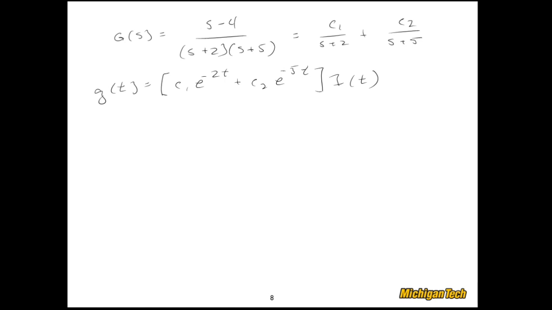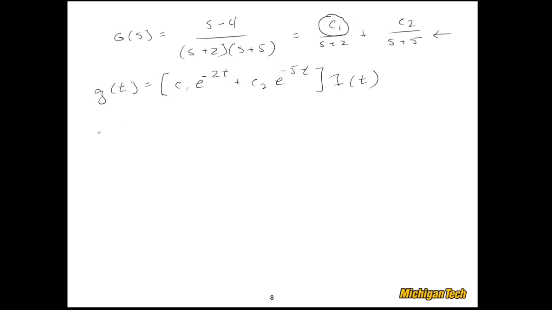Now, I could recombine these two and get a common denominator and do what we did in the previous slide. Or I can use, sometimes it's called the cover-up method, which is kind of a funny term, but what you do is you take g of s. Actually, let me be more specific.